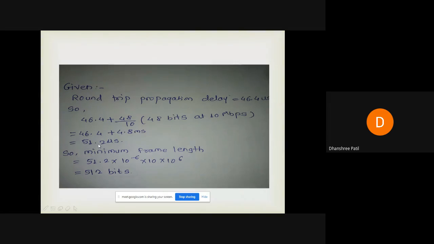So after all this conversion, I'll get 51.2 and that will be my final answer. Okay, so this is the answer for calculating the round trip propagation delay.